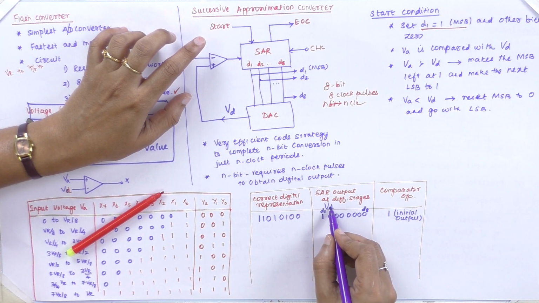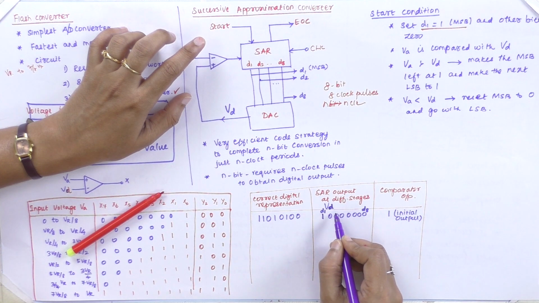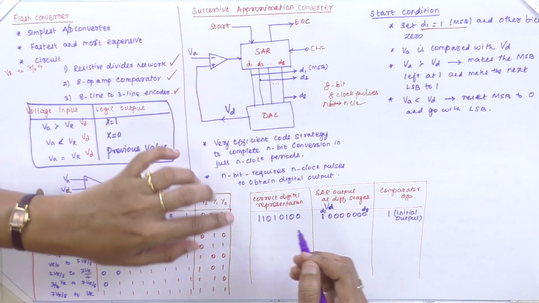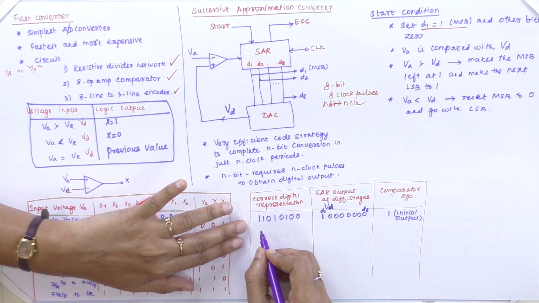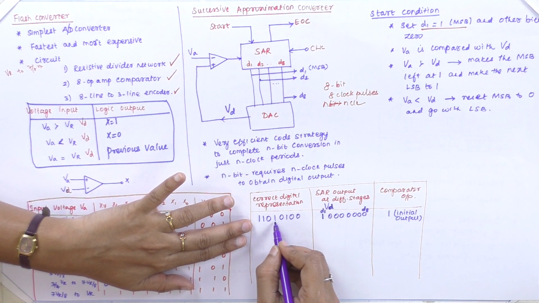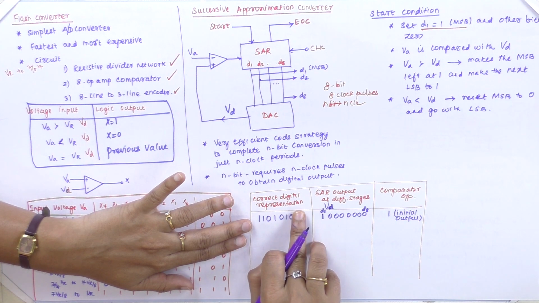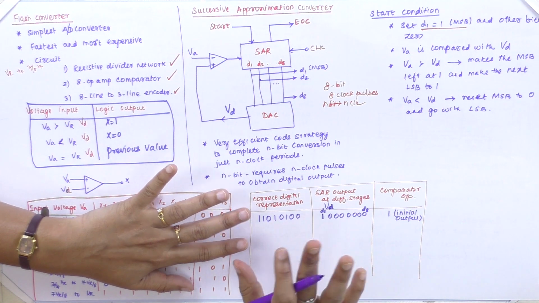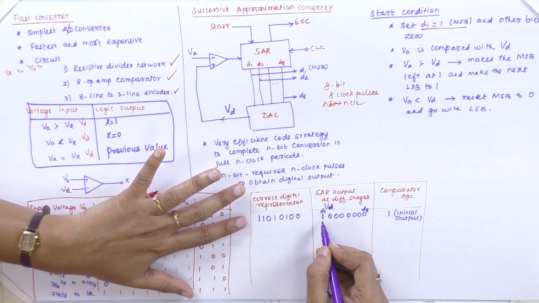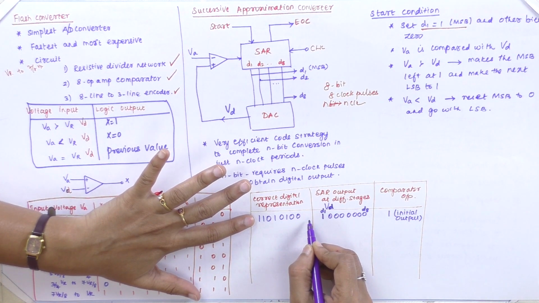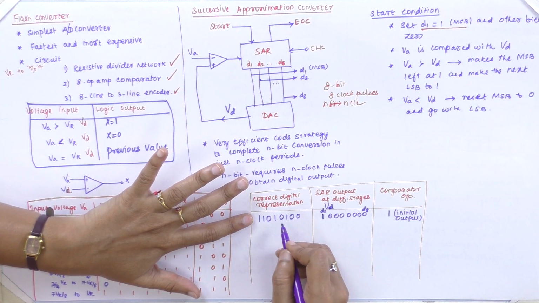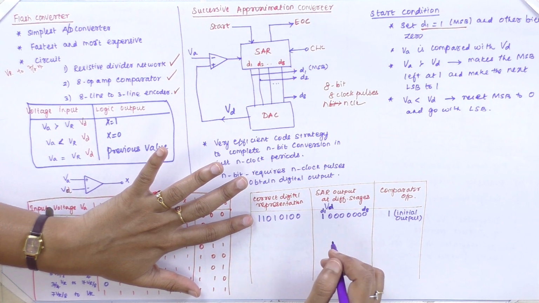Now you are comparing this, your VD, with VA, 1 1 0 1 0 1 0 0. If all the bits are 0, these will be equal. Here now we have only one 1 and the rest are 0. So in general VA is greater than VD.